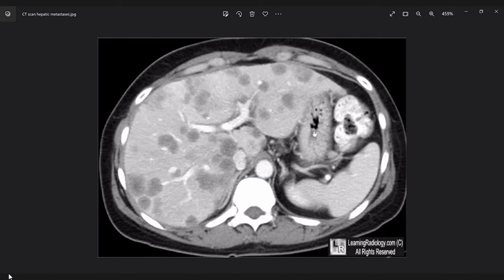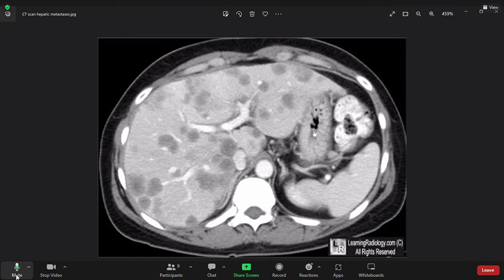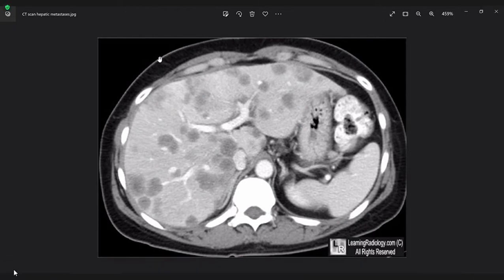What sort of study is this? What sort of image is this? It's a CT scan. So looking at transverse cuts. So we're looking at skin. We're looking at vertebra. We're looking at ribs.